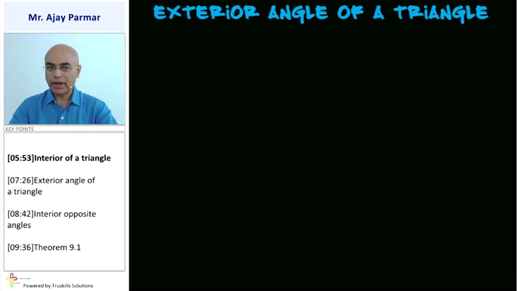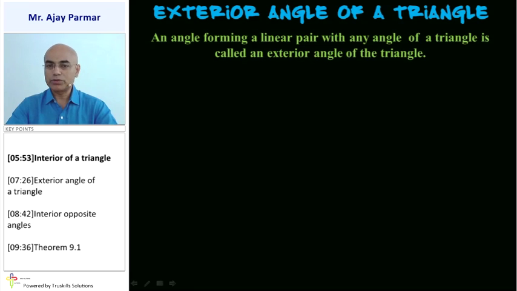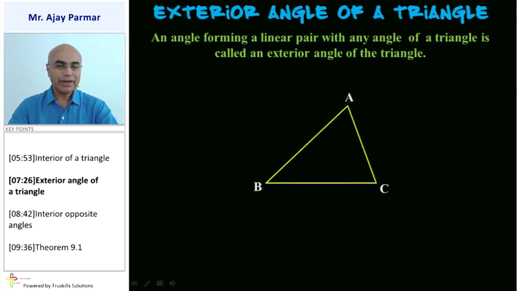Exterior angle of a triangle. The angle which forms a linear pair with any of the angles of the triangle is considered to be the exterior angle of the triangle. Supposing we are given triangle ABC and we extend a ray such that we get B dash C dash D. That means you can see that angle ACD forms a linear pair with angle ACB, and therefore over here angle ACD is the exterior angle.